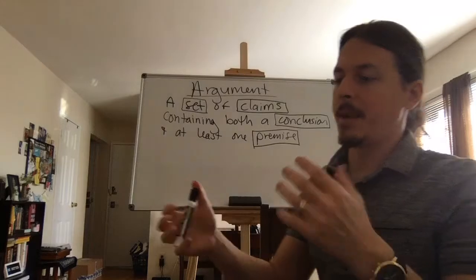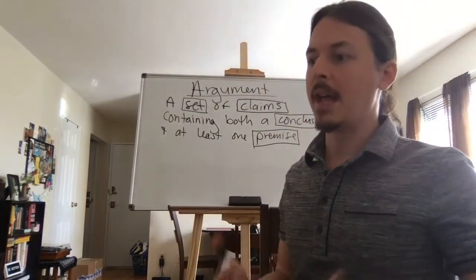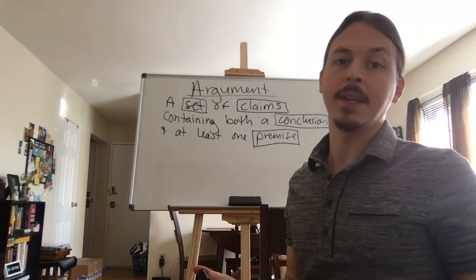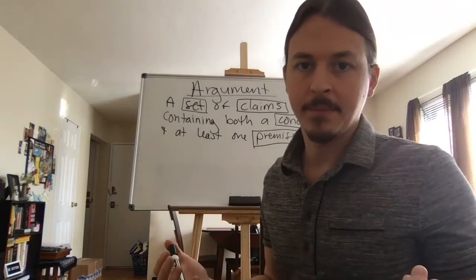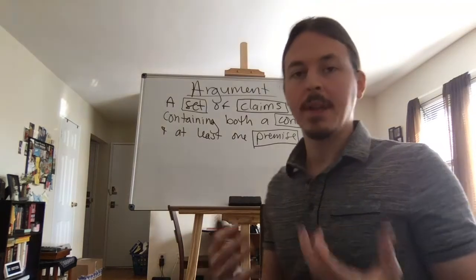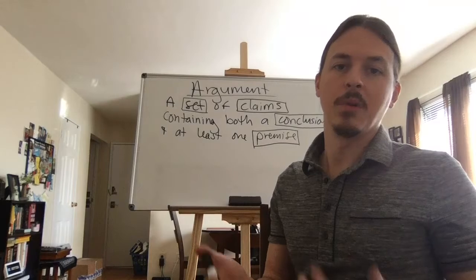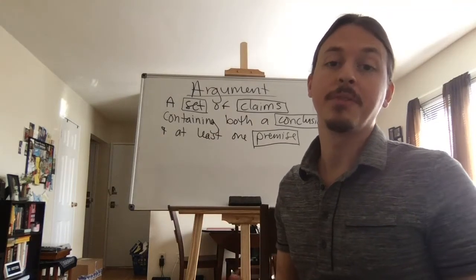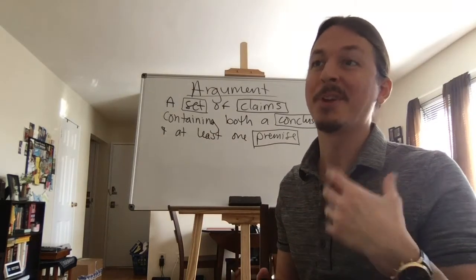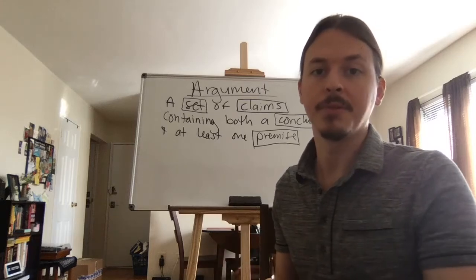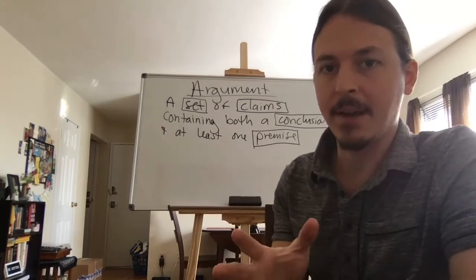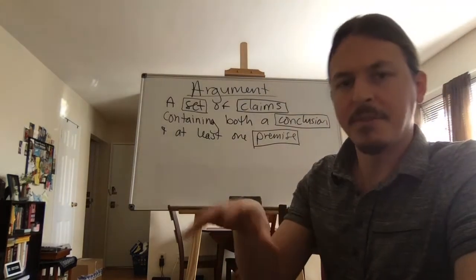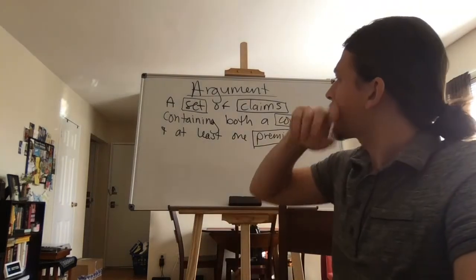In previous lessons, we spent a lot of time explaining what a claim even is. And so what was a claim? If you remember, a claim was any utterance with a truth value, any statement or utterance rather, capable of being true or false, right? So you have that down, and now you know that arguments involve claims in some sense.